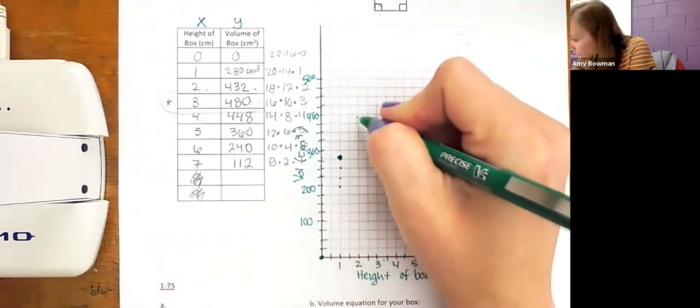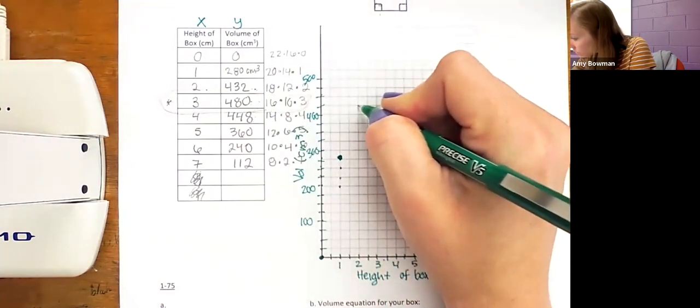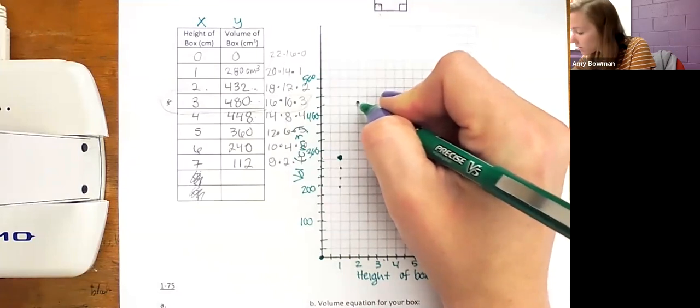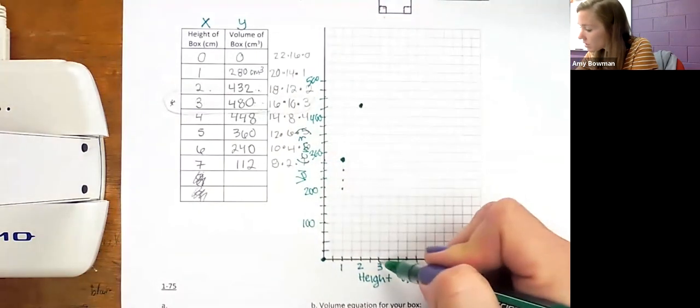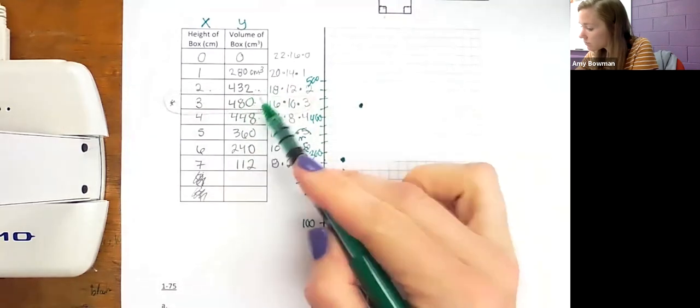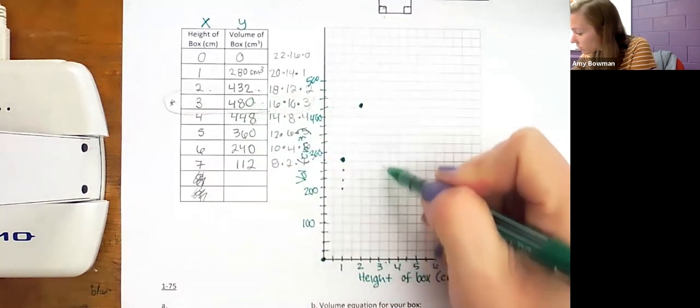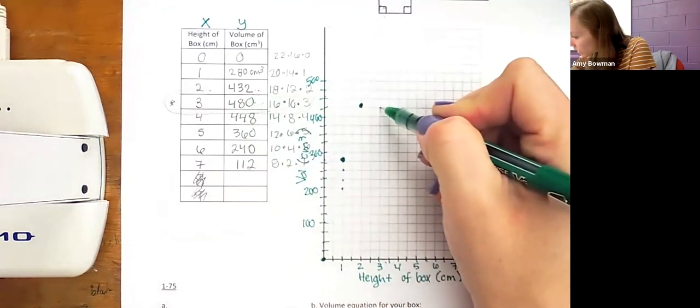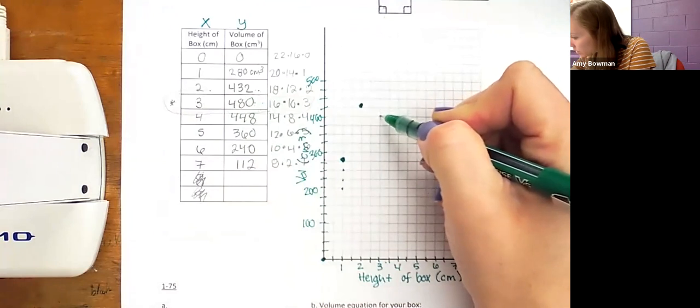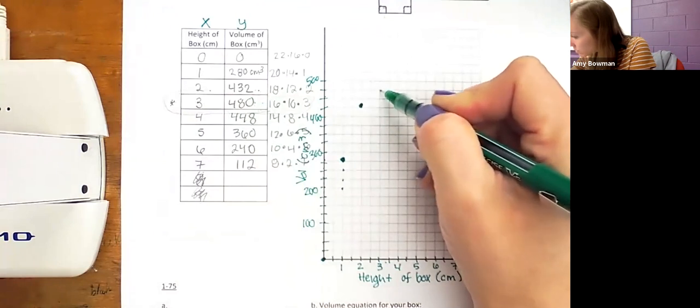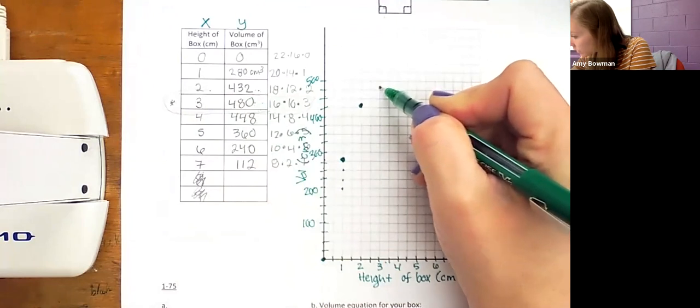So here's 400, 425, so 432 would be around there. A height of 3 gave us a volume of 480, so 3, 480. So 400, 425, 450, 475, 480 right here.